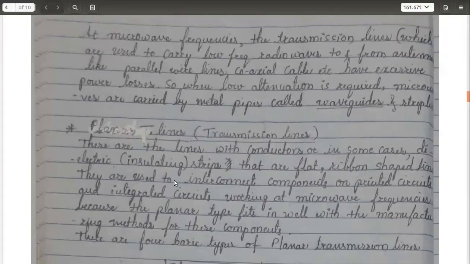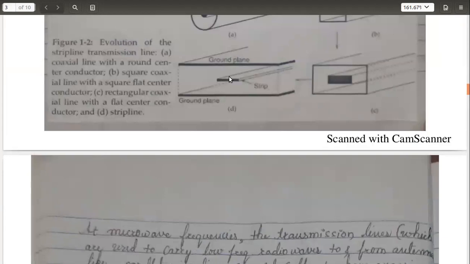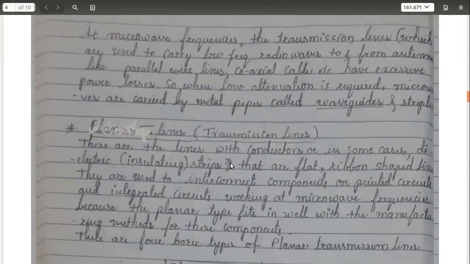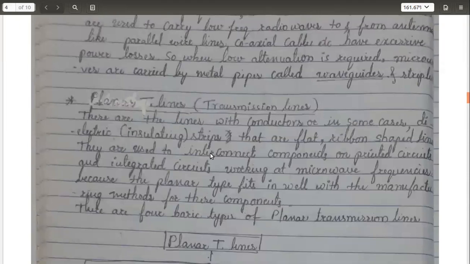The ribbon shaped line, you can see here, the strip is very thin, a ribbon-like structure. So the structure of that line will be very flat, ribbon shaped. They are used to interconnect the components on printed circuits. So now you can identify where we use these strip lines.